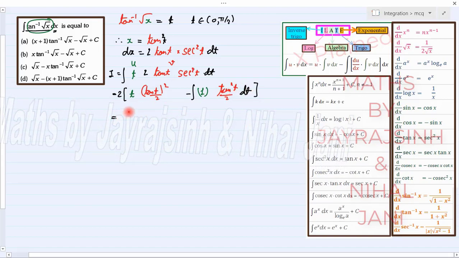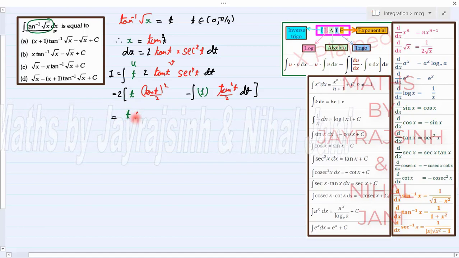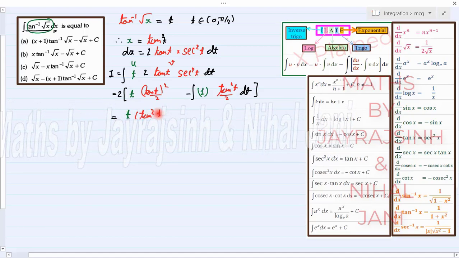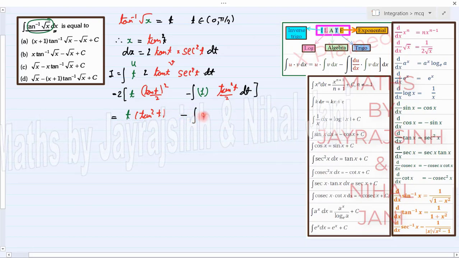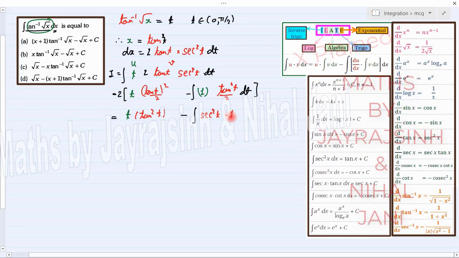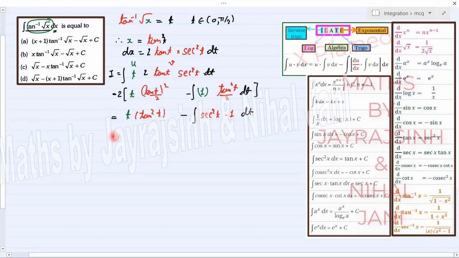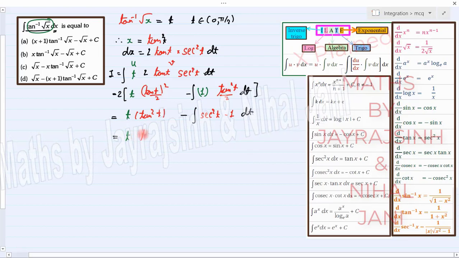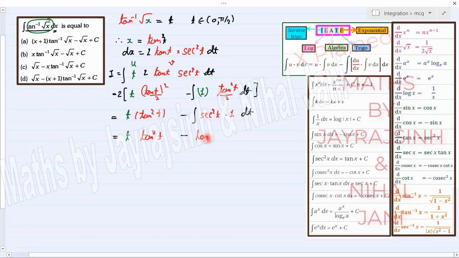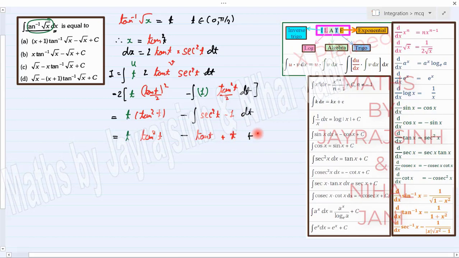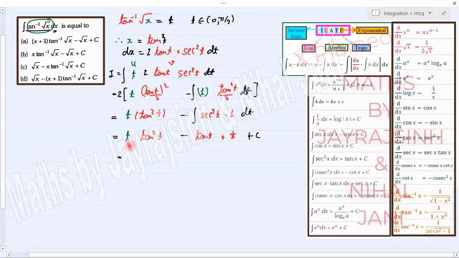Now let's multiply 2 within the bracket, so we will get t into (tan t) the whole square minus, we just have to integrate tan square t, which can be converted into sec square t minus 1. So here we'll get t tan square t minus the integration of sec square t, which will be tan t, and the integration of 1 will be t, plus c. And to get the final answer, just substitute the value of t.